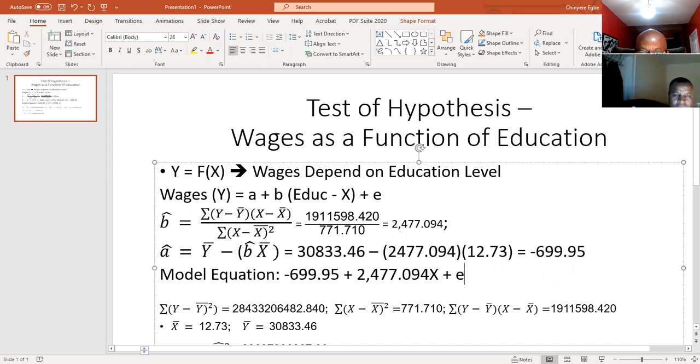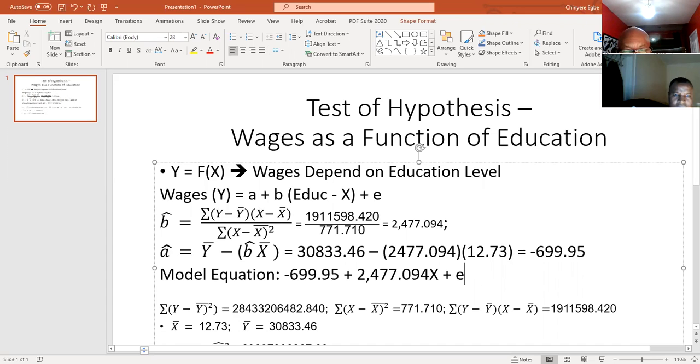So now that is your model equation. What does that model say? What it says is that if you have no education and you come to this particular workplace, this does not apply to every workplace. This sample was taken from a particular business or company, establishment, or even particular industry.